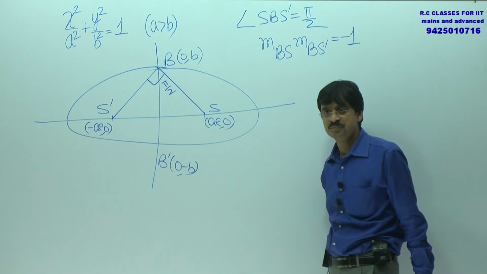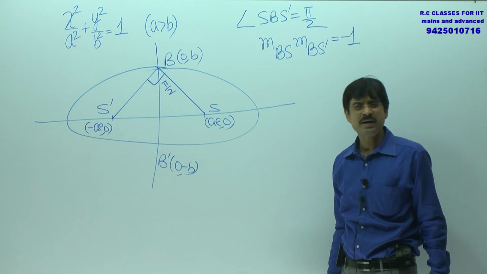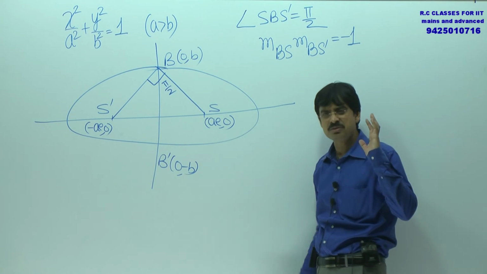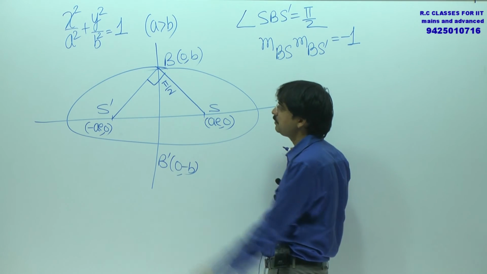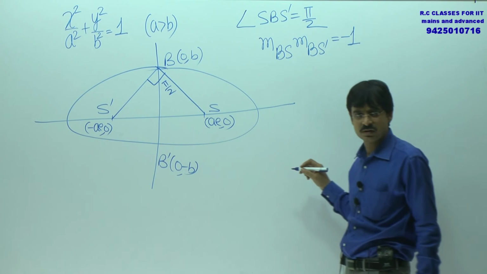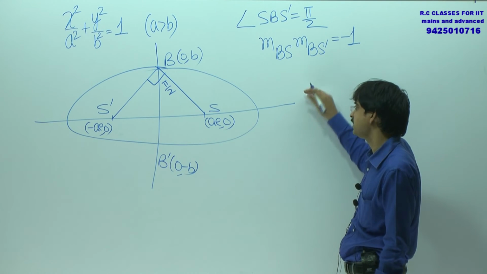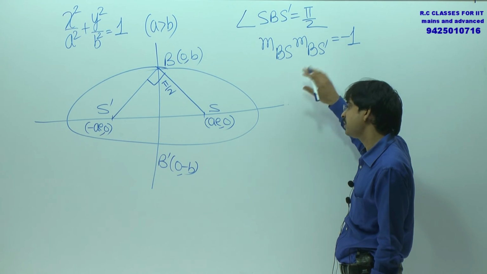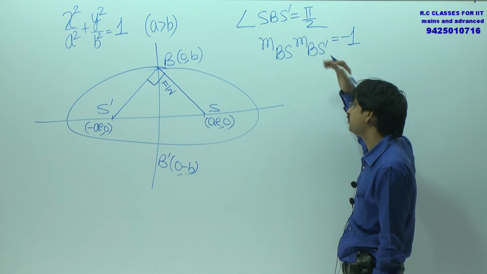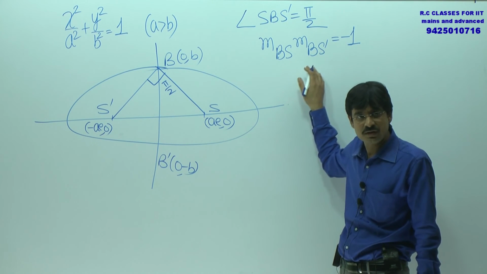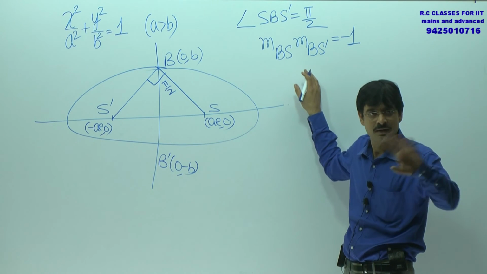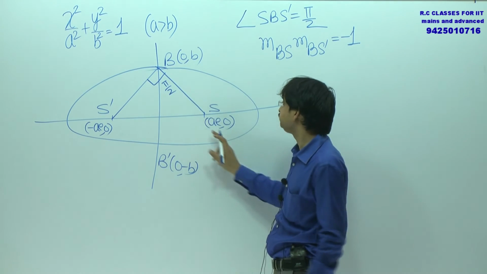Product of slopes is equal to -1, or you can use Pythagoras theorem also. But here it will work out. Why unnecessarily talk about the distance formula? As well as you can apply the concept of focal distance also, but fine. Product of slopes is coming as -1, right? It is a 90 degree angle.